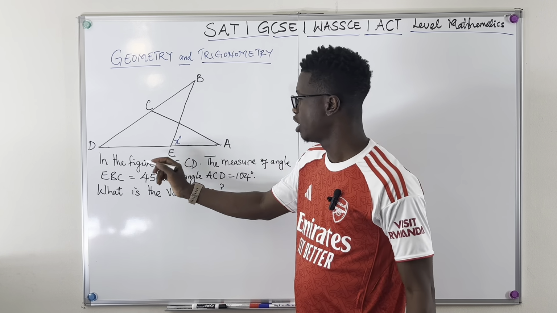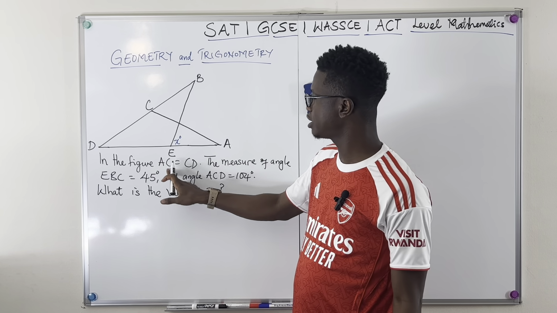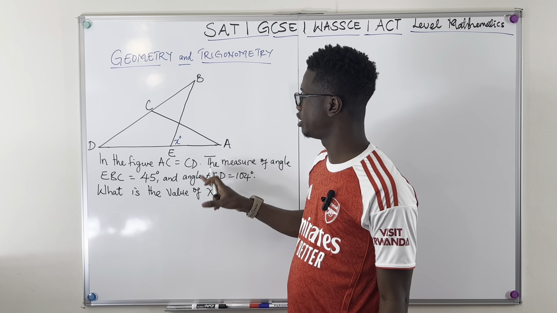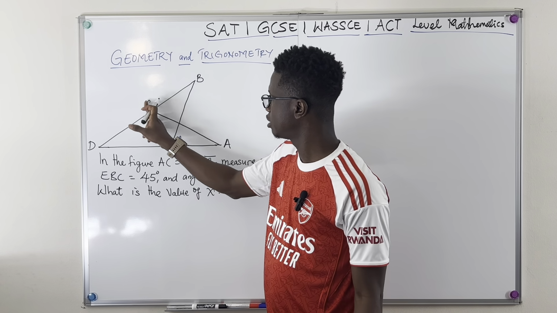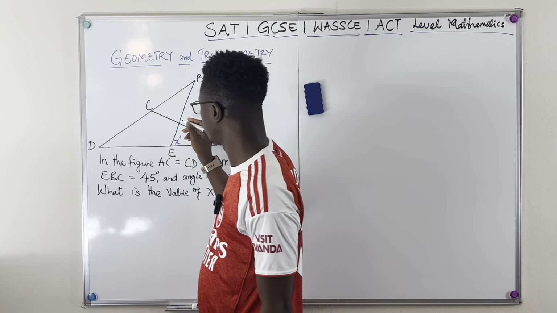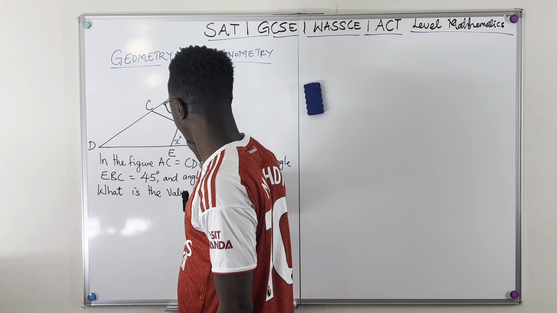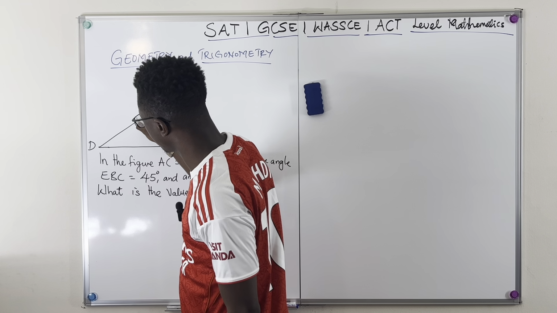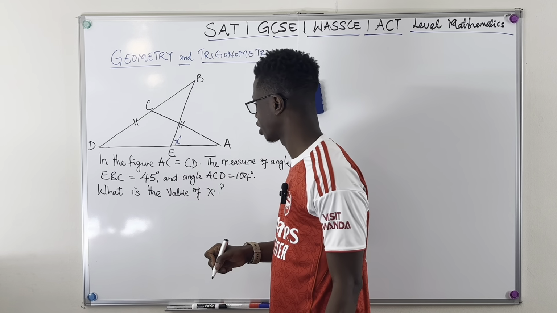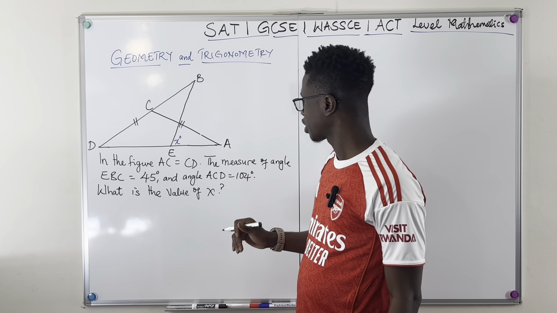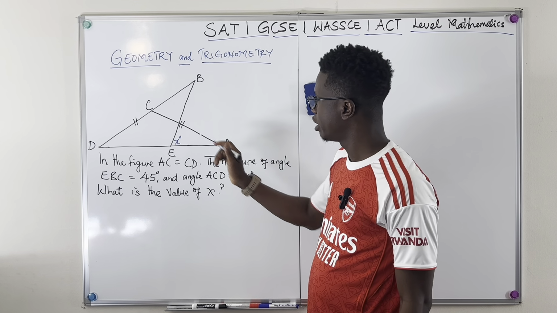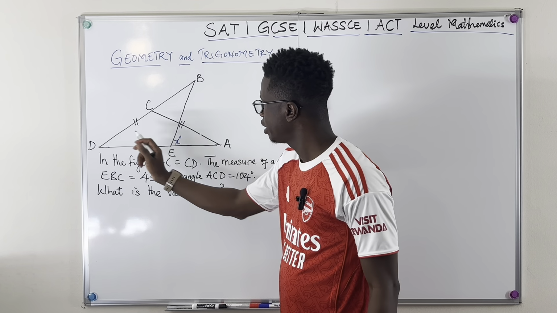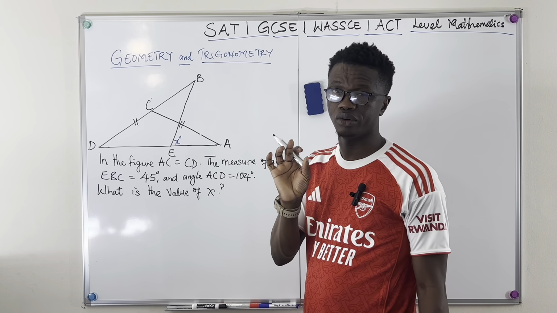This one says, in the figure, AC is equal to CD. So if we have two lines here, this means they are equal. Now, if they are equal, remember, ADC is a triangle.